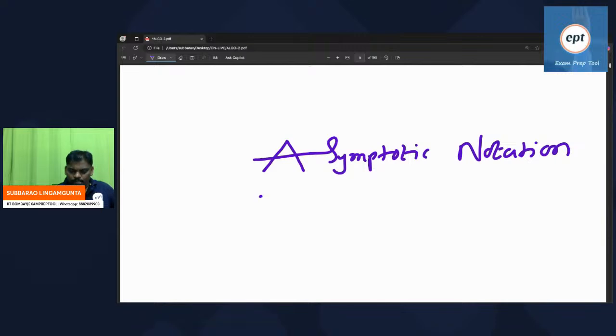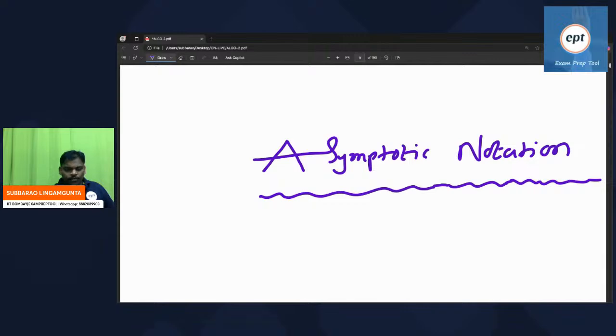We'll discuss this one now. Asymptotic notation is the next topic, so we can go for that.